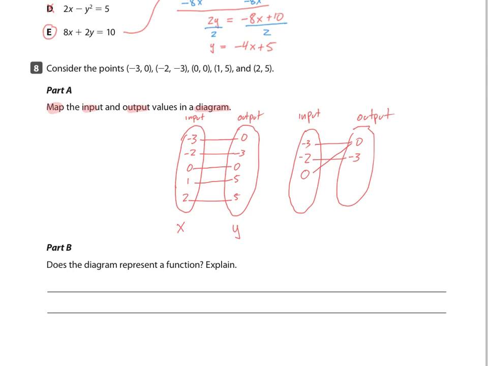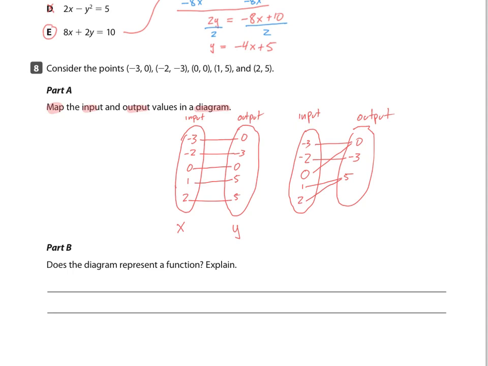The next one is 1 and 5, we make that line. And the last number is 2 and 5, but since we already have a 5 right here, we can make that connection. If you draw the diagram like that, either the left one or the right one, you will get full credit for part A.